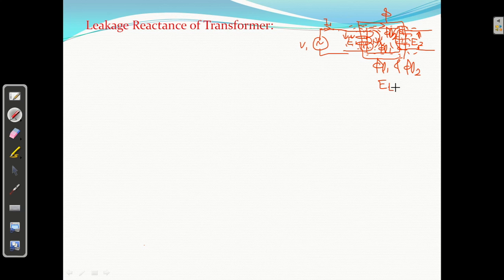So we are assuming the drop on the primary side, let us say EL1, and the voltage drop on the secondary side EL2, and these drops will lag the reference voltage or reference flux by an angle of 90 degrees.